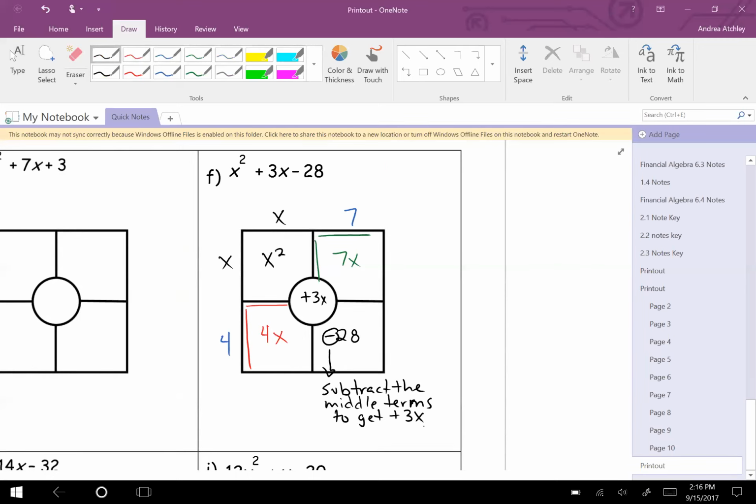Yes, I need to know which one's going to be negative to get a positive 3. Any ideas? Yeah? The 4 needs to be negative, okay? Four needs to be negative and the 7 needs to be positive.